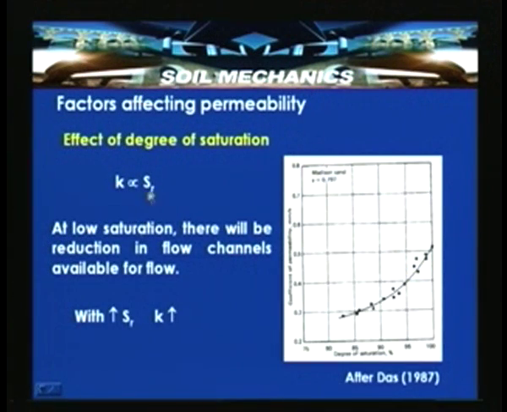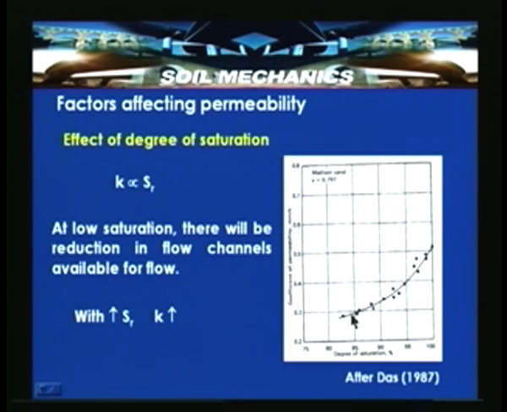Now, another factor affecting the coefficient of permeability is the degree of saturation. K is proportional to SR. At low saturation, there will be a reduction in the flow channels available for flow. Here, after Das 1987, the chart shows degree of saturation on the x-axis and coefficient of permeability on the y-axis in mm per second, for a medium sand with e equal to 0.797.